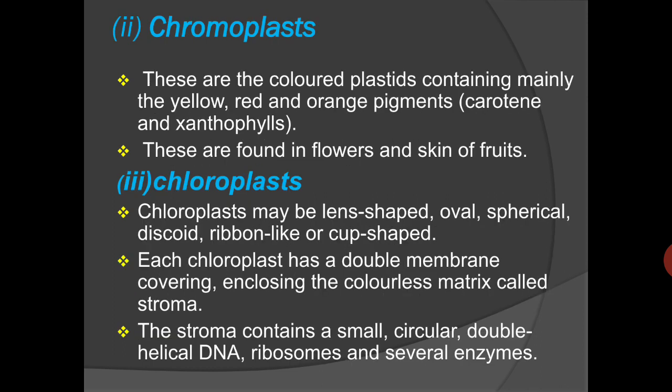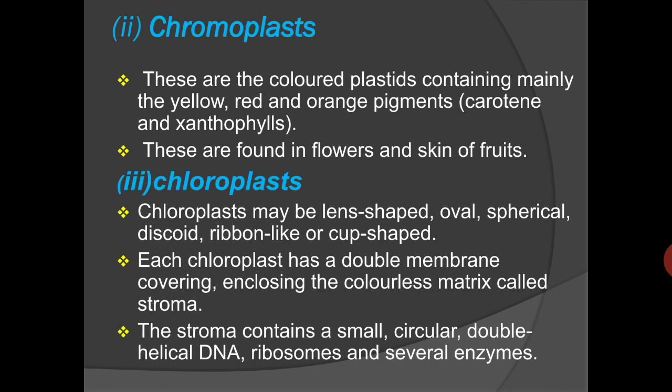In the case of chromoplast and chloroplast, two more plastids are there. The chromoplasts are the colored plastids containing mainly yellow, red and orange pigments, meaning carotene and xanthophyll, and these are found mostly in the petals of flowers and the skin of fruits. You can see the colored petals and skin of any fruits.